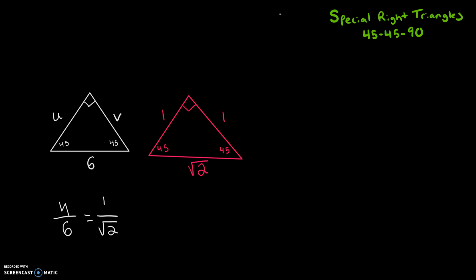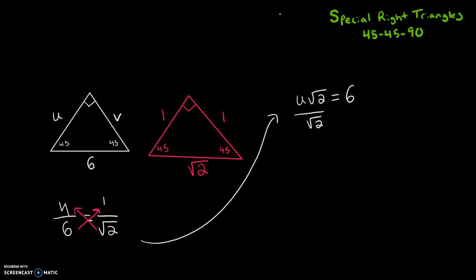So I will cross multiply and I will say that u square root of 2 is equal to 6. Now I need to solve for u, so I divide both sides by the square root of 2. Those cancel out, and I'm left with u is equal to 6 over the square root of 2.